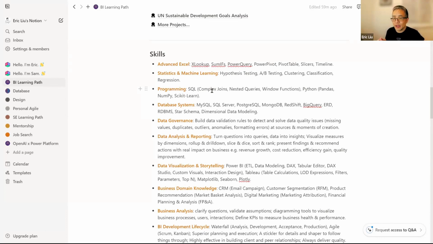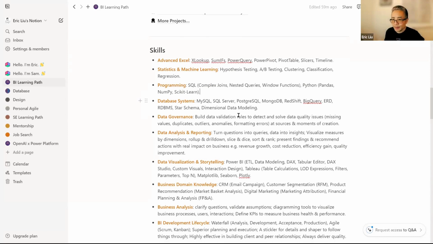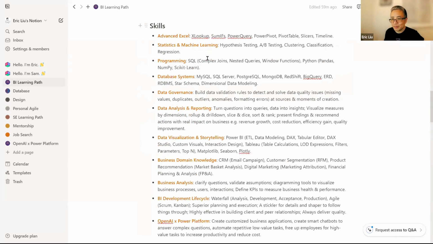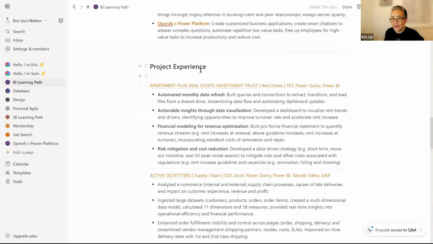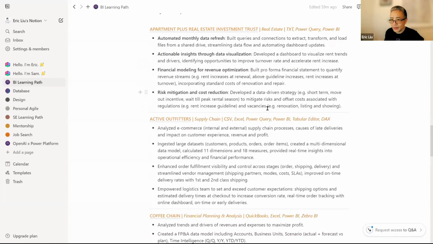So whenever the employer gives you a SQL coding test, our students will always pass that, right? All right, any questions on skills? And once again, it's too much to include all of these, but you definitely need to include six. And then the project experience. Let's just take a look at the, which one?